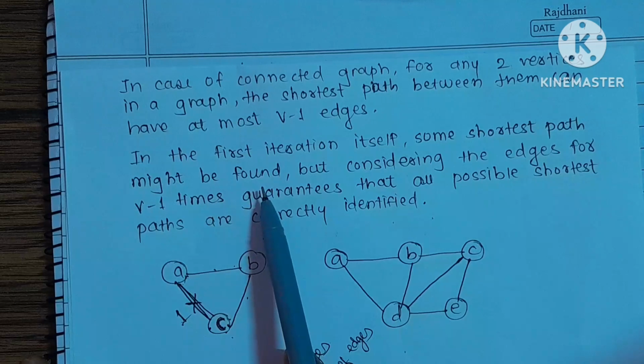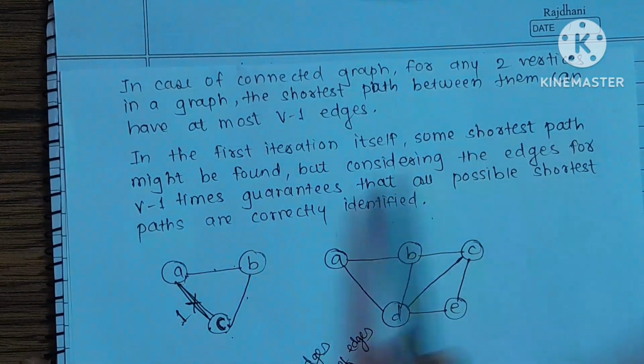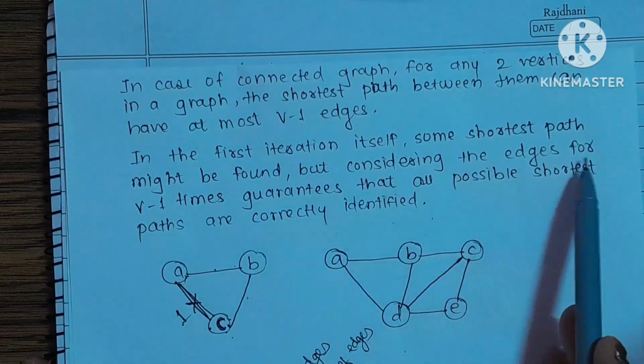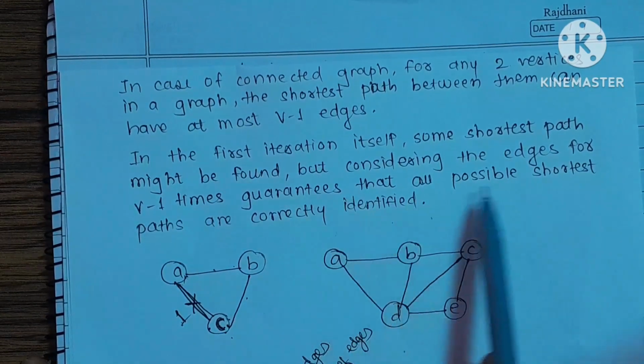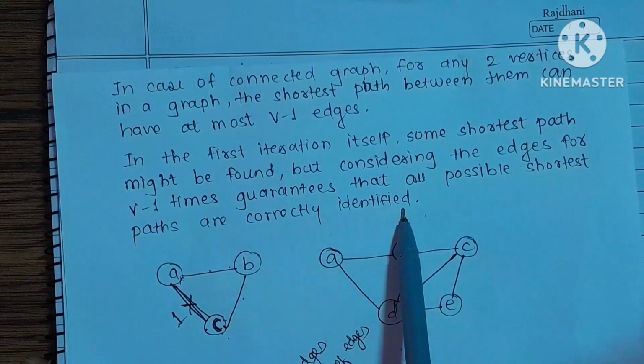In the first iteration itself, some shortest paths might be found, but by considering the edges V minus 1 times, this algorithm guarantees that all possible shortest paths are correctly identified.